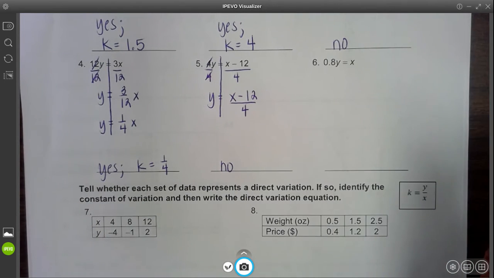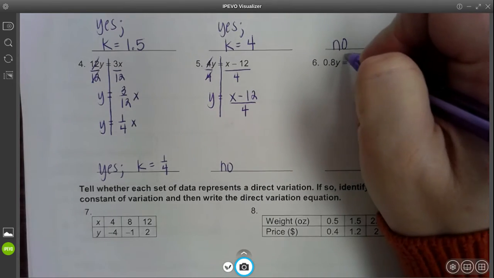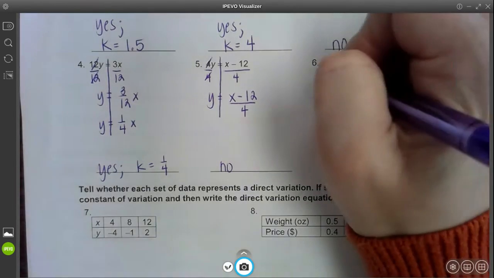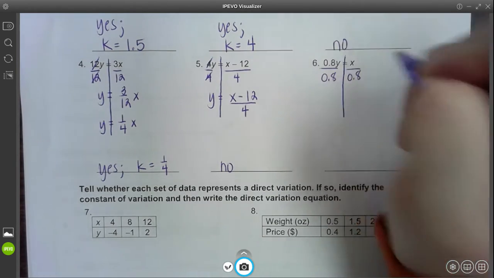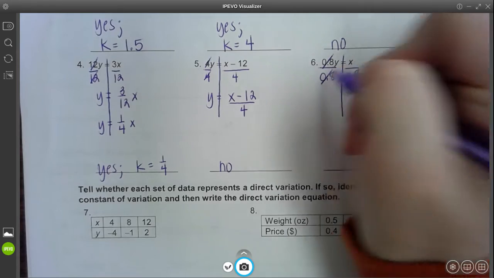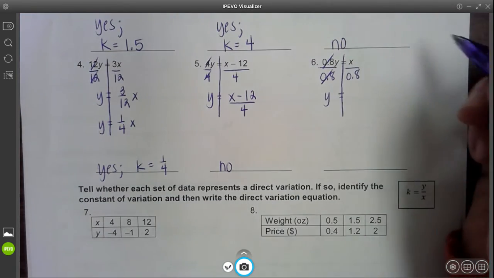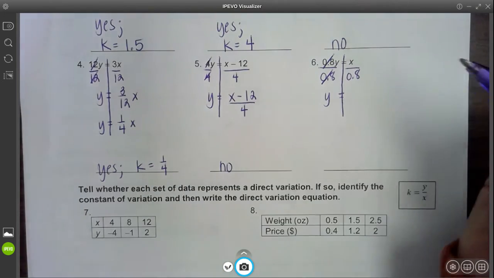Okay, then this one we have is 0.8y equals x. So again, I'm going to solve for y by dividing by 0.8. So that's going to be eliminated here. Now on the other side, this is a little tricky because with this one, I just pulled the 3/12 out in front.